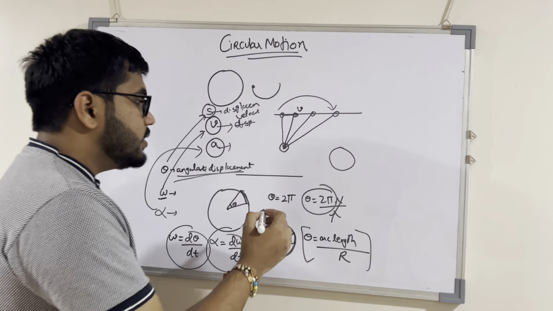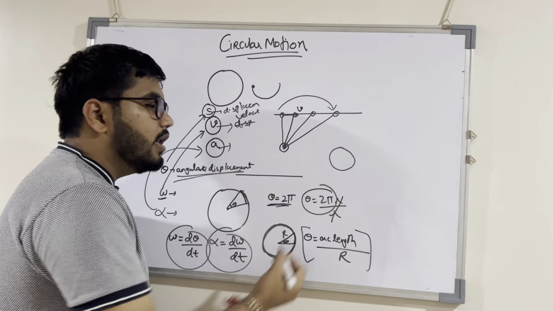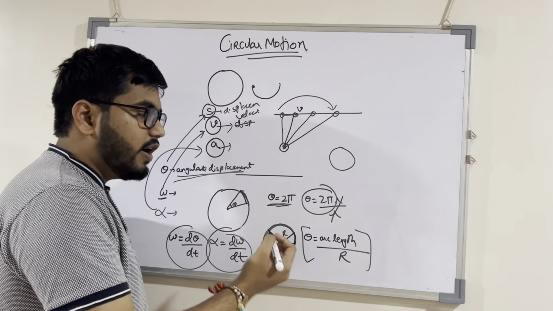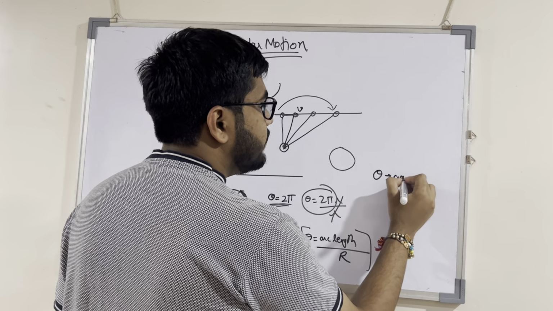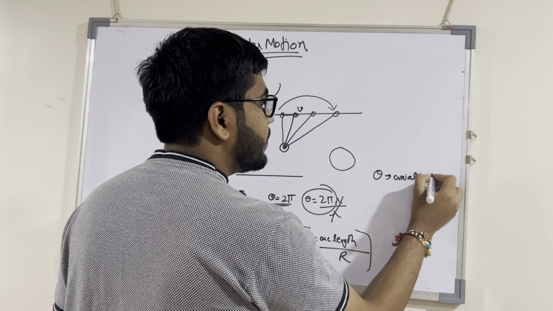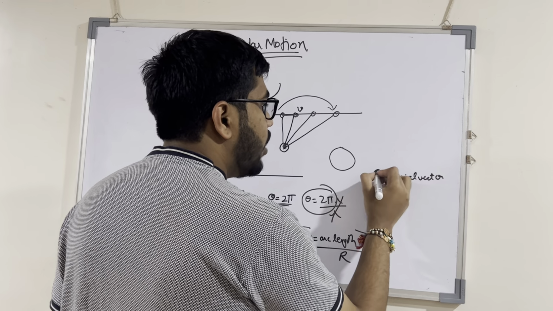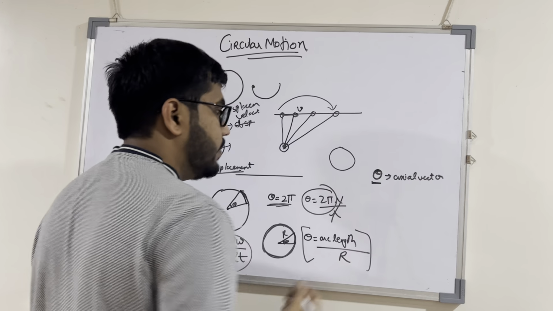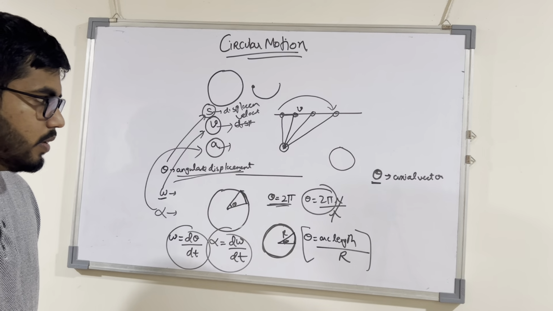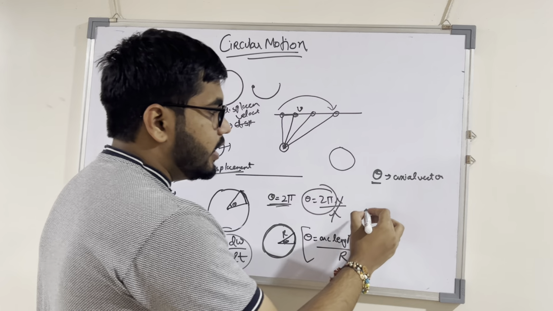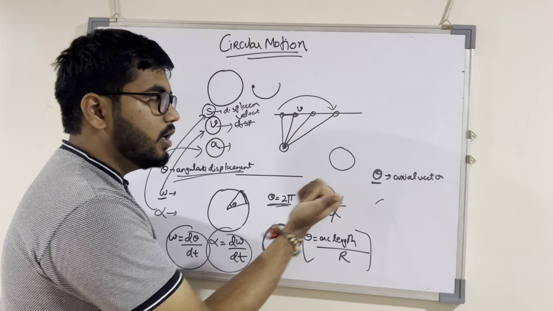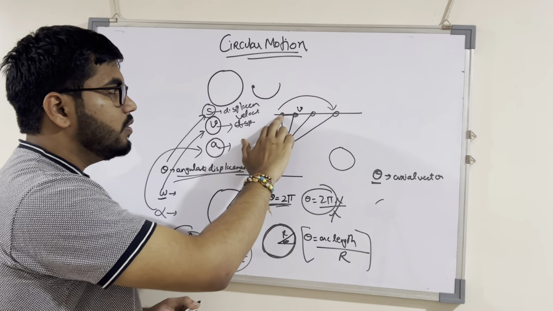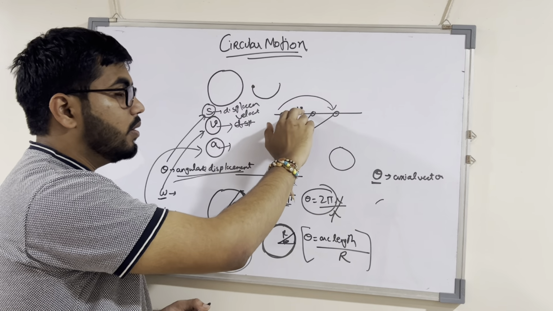Now is this a scalar or a vector? This is a vector, right? So theta is a vector. It's an axial vector actually. So how do we find the direction? Whatever direction the person is moving, take your fingers and curl them around. For this person, what is the angular velocity?